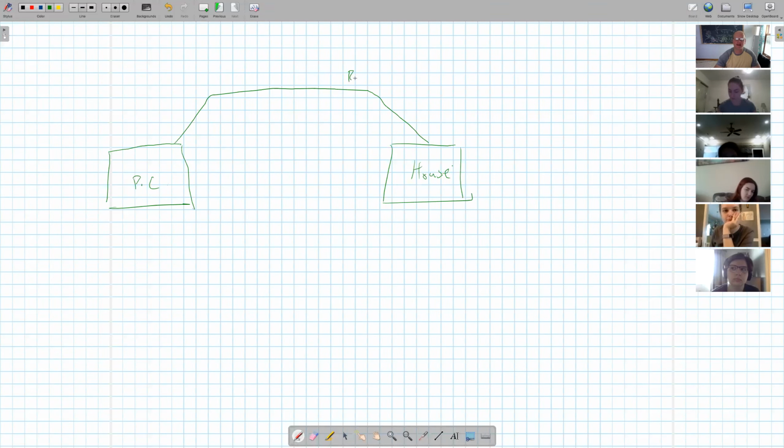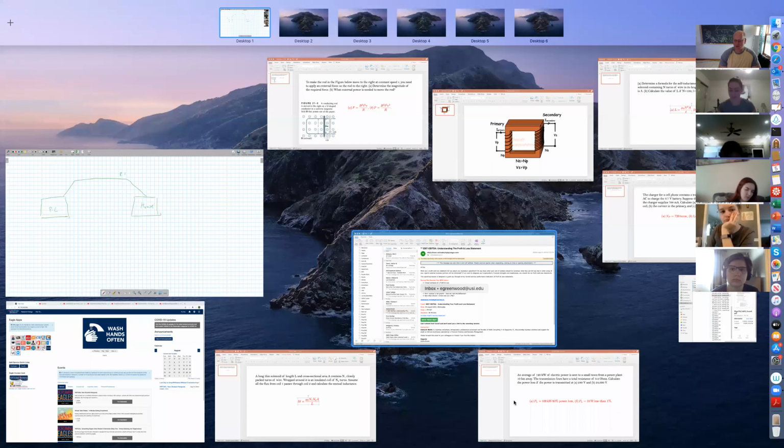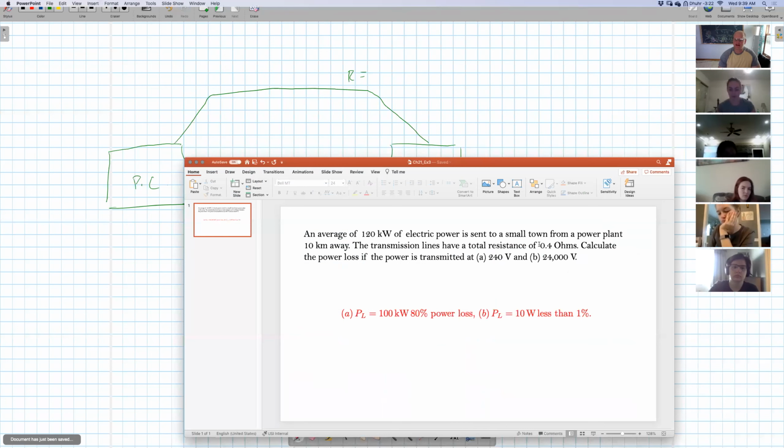Let's say the resistance inside the wire is 0.4 ohms. Your house is 10 kilometers away. That doesn't actually matter. And the power company is creating electrical power at a rate of 120 kilowatts.